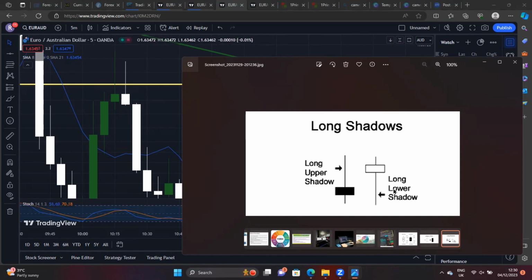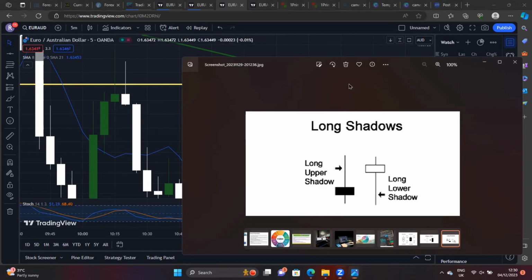I repeat, if a candlestick has a longer upper shadow, this means that buyers flexed their muscles and bid price higher.